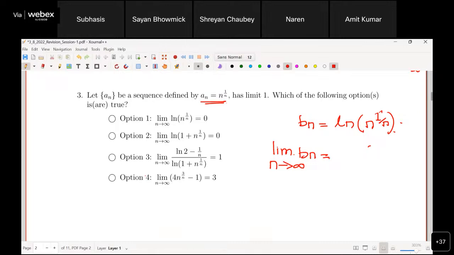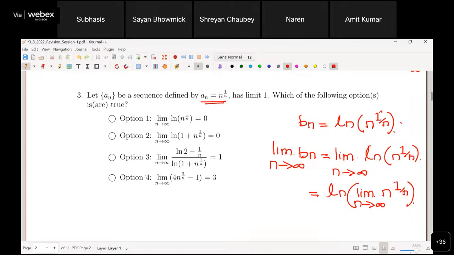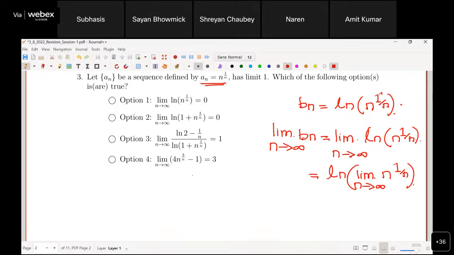So this I can write as the limit as n tends to infinity of ln of n power 1 by n. What I can do now is take this limit inside, so this I can write as ln of the limit as n tends to infinity of n power 1 by n.